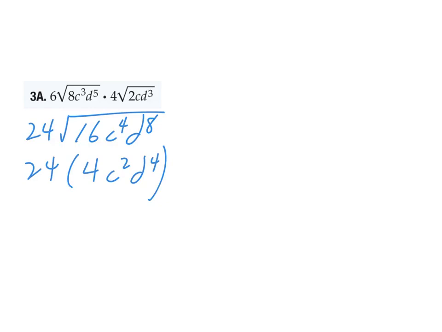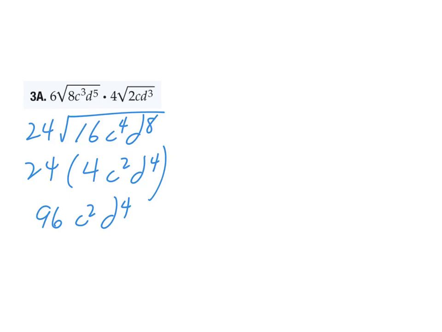Now understand at the beginning of this problem I had no even situation. Even though these were both even roots, I don't have even powers here or here. So I don't have to worry about absolute value. What's 24 times 4, do you know? 24 times 4? Yep. 96. So that's my final answer. 96c squared d to the fourth.